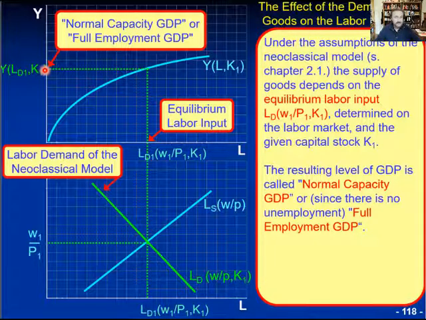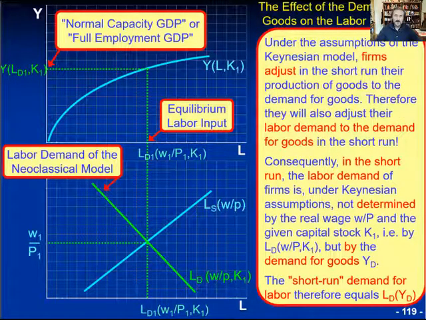This is the neoclassical version of the production module. Under the assumptions of the Keynesian model, firms adjust in the short run their production of goods to the demand for goods. Therefore, they will also adjust their labor demand to the demand for goods in the short run.